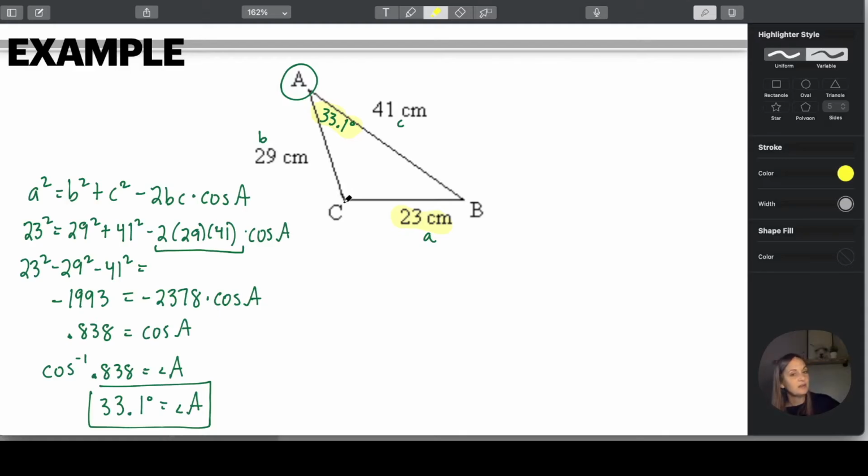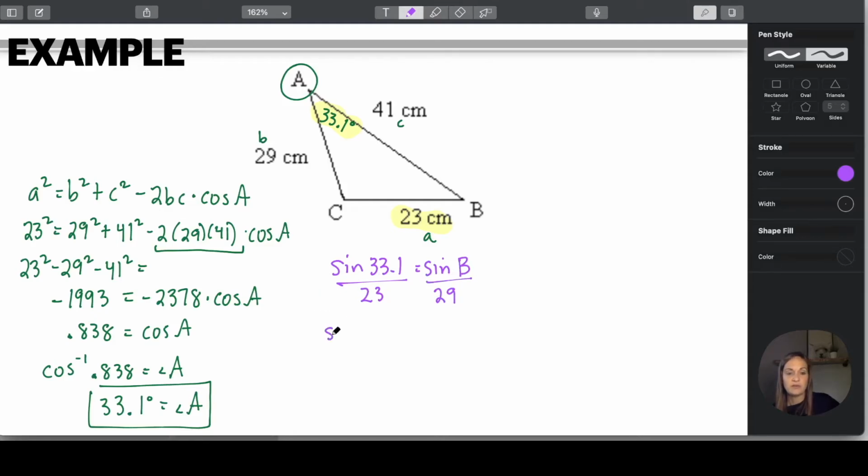It doesn't matter if you find angle C first or angle B first. We do know that the sine of angle A over little a is going to equal the sine of B over little b.